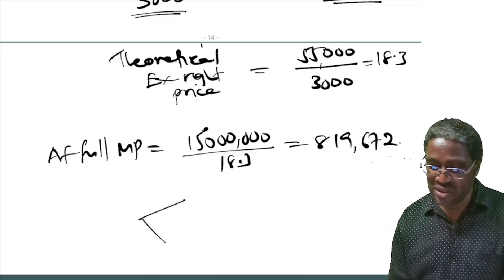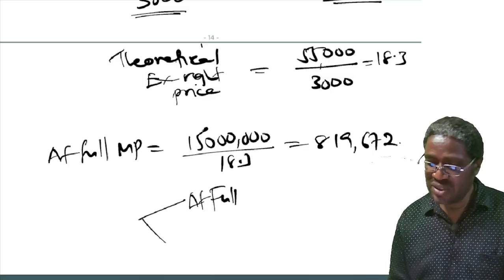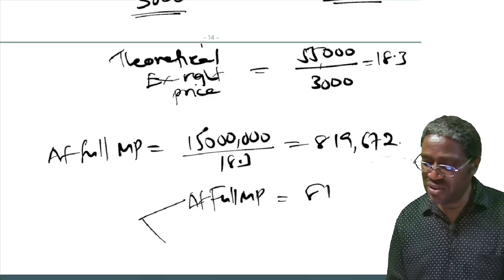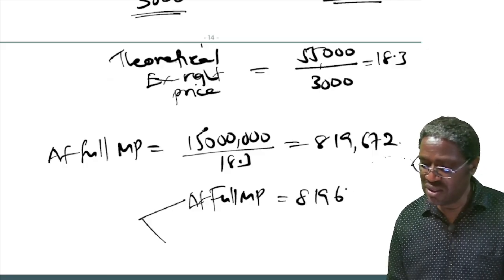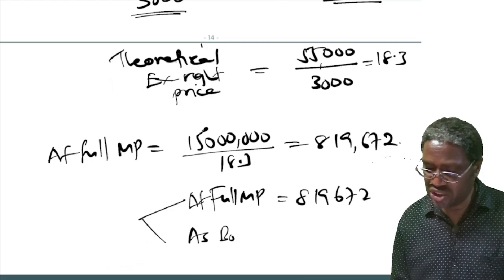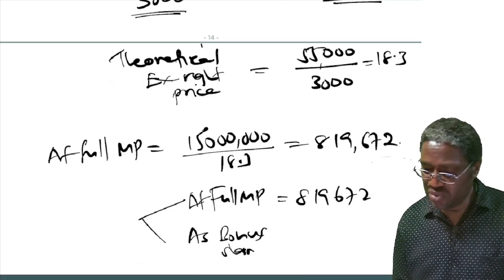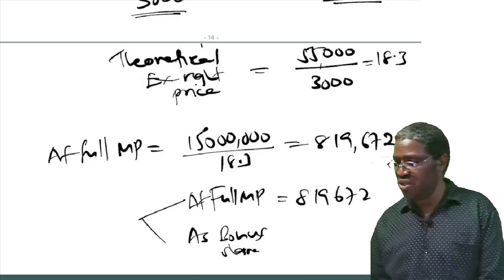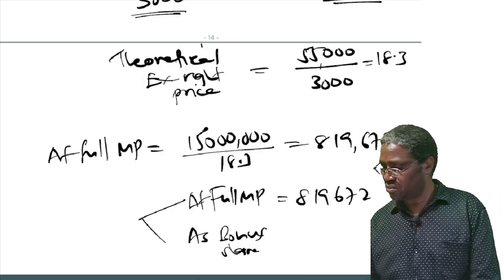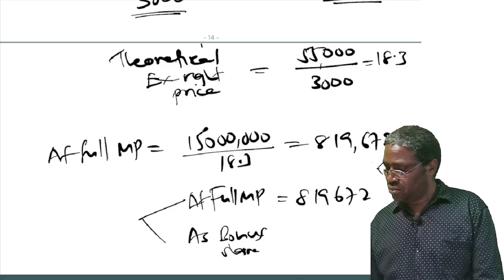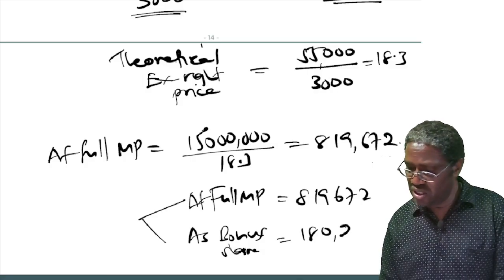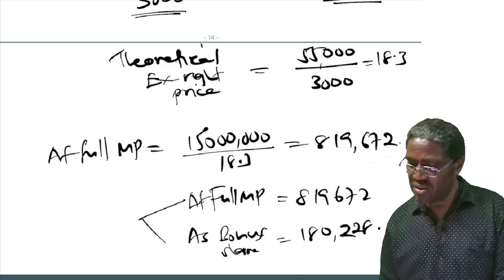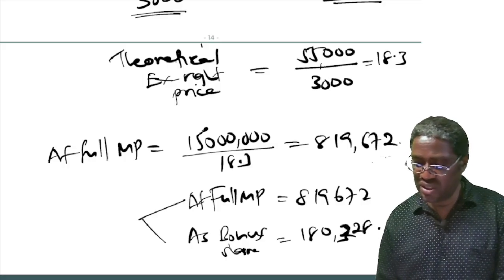The 672 as bonus shares will be a balance of how much? Let me subtract from a million. Looks like 180,328. Good.